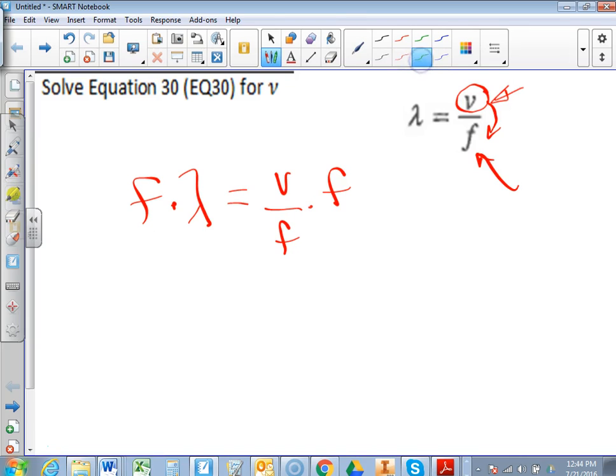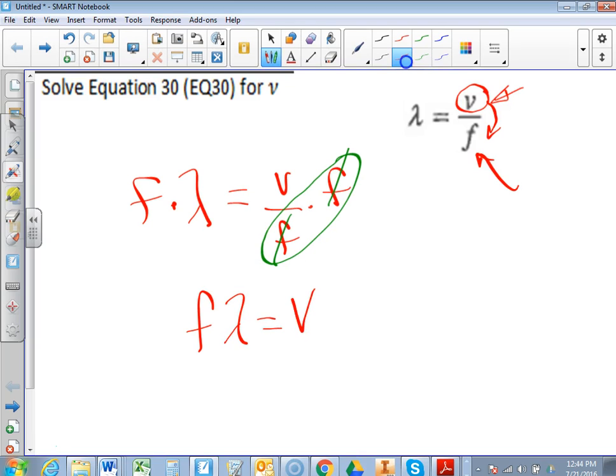That will produce f over f right here. Well, that's just 1. And 1 times v is just v. So really, we cross these out, but really what they make is 1. And we end up with frequency times wavelength, or f times lambda, equals v.